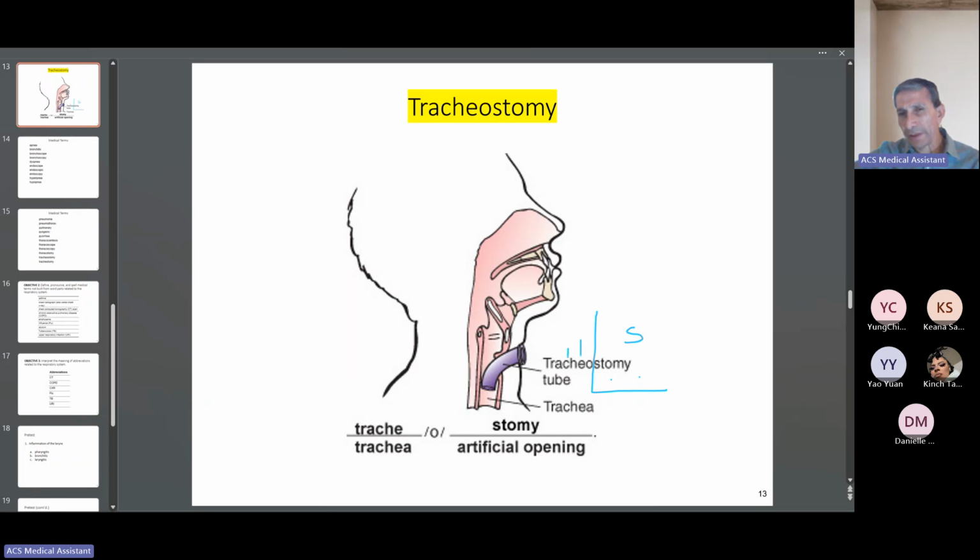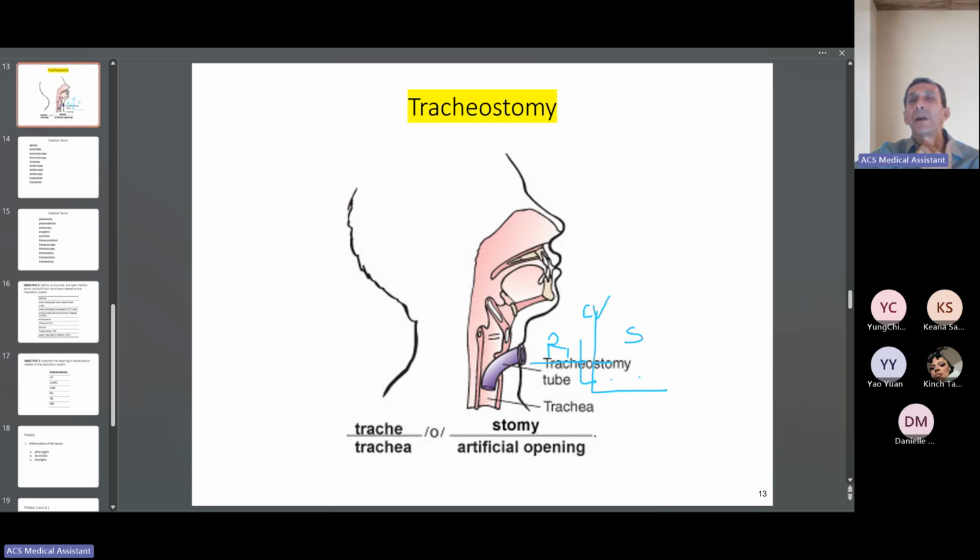O is the combining vowel, and trache is the word root. So we are making a hole, an opening where it's not supposed to be, right here by the neck in the front of the trachea.